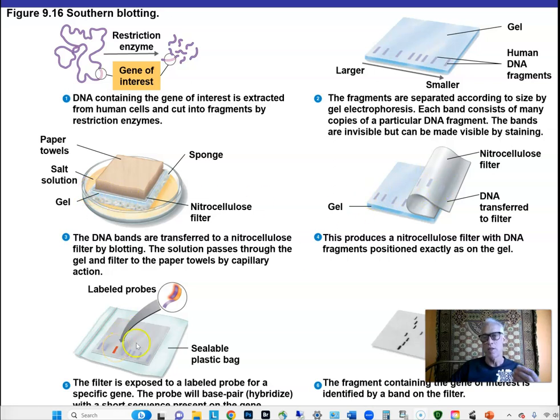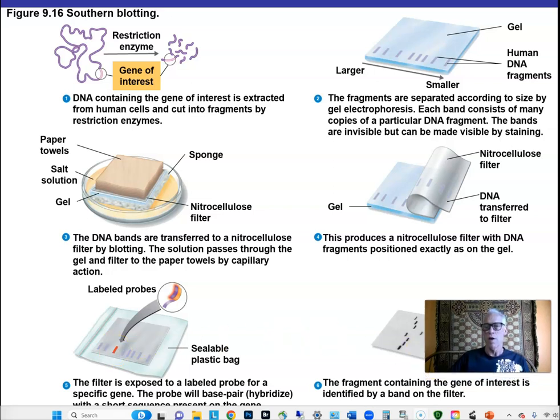It's not sticky to touch, it's sticky to DNA. So all the bands are now here. We can then use a probe, again, with a synthetic piece of DNA with a specific sequence with a fluorescent dye on it or something, or a radioactive tracer on it, and identify the band of interest. So that's just a Southern blot, it's called.